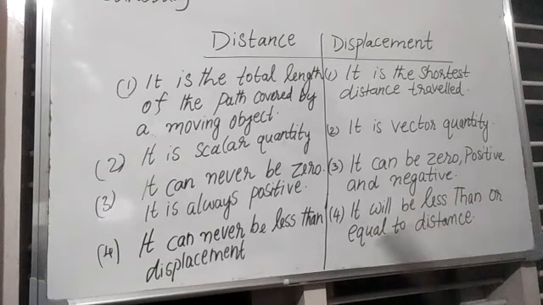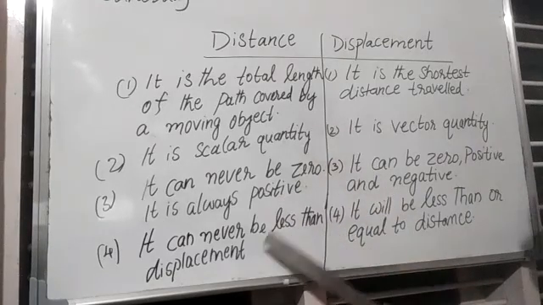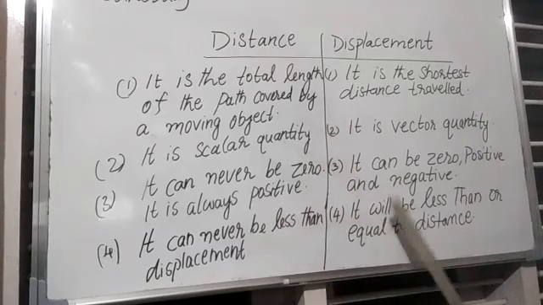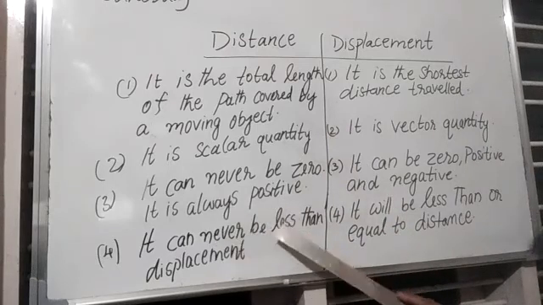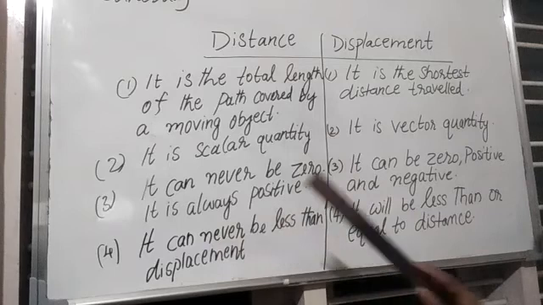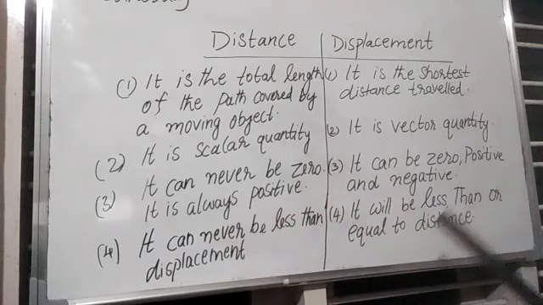So which will be greater here? Distance can be greater than the displacement, or it can be equal to the displacement. Distance will never be less than displacement, or displacement can never be greater than distance.